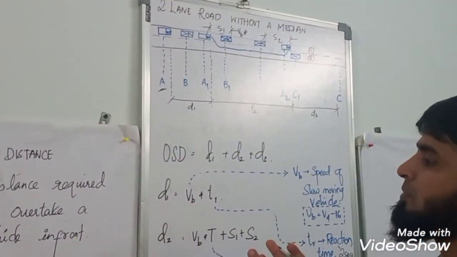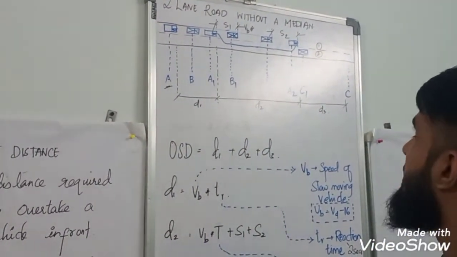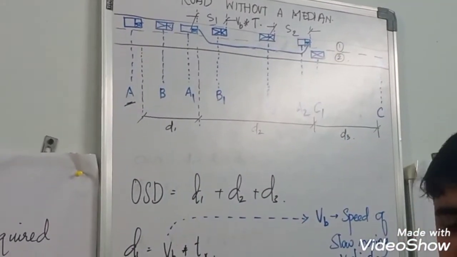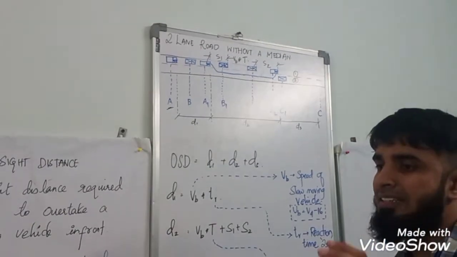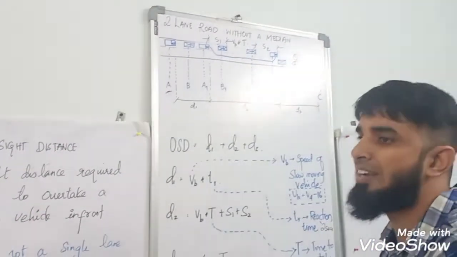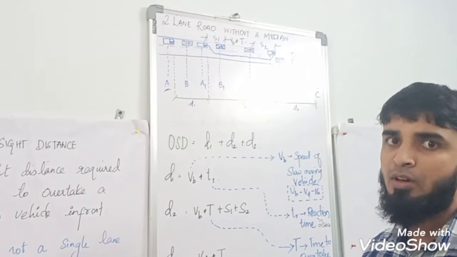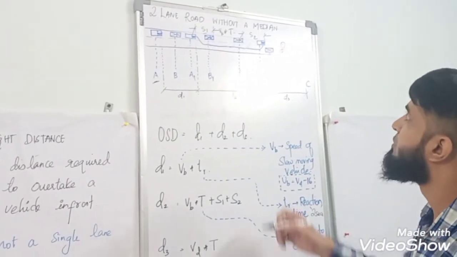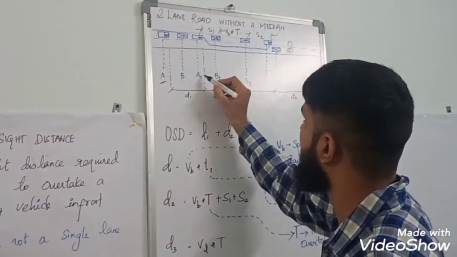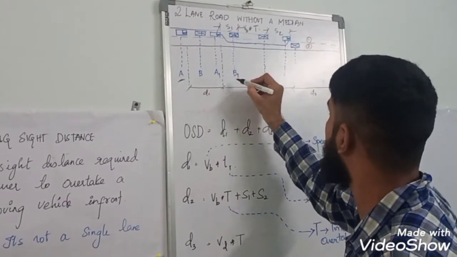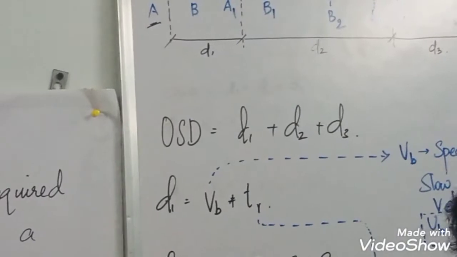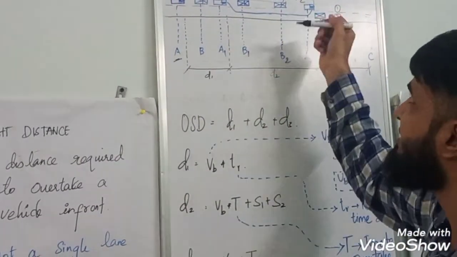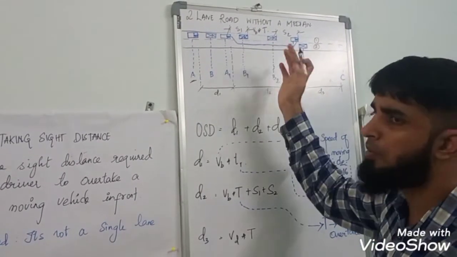I would introduce one more time here, which would be capital T. Now what exactly is capital T? Capital T is the time required to overtake. Vehicle A from position A1 to A2, whatever time it has taken, that is what we call capital T. Now in this capital T time, vehicle B is also moving.